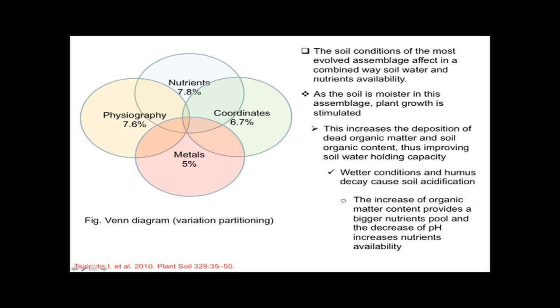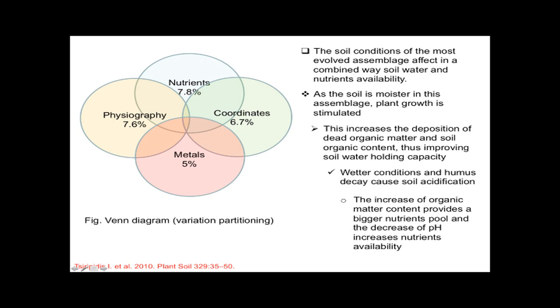This stimulation increases the deposition of dead organic matter and the organic content in the soil, thus improves soil water holding capacity. The wetter condition, because of this reason, as well as the humus decay, causes soil acidification.